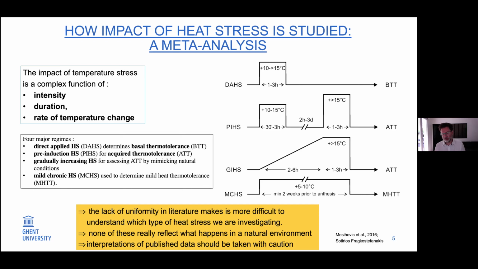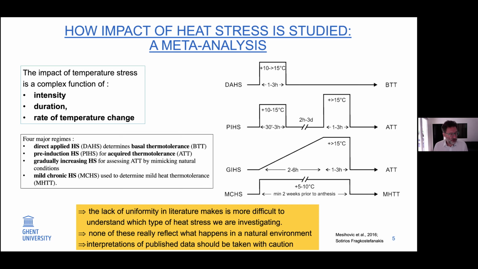This has been studied very often in the beginning, and for example, used for transcriptome studies to see what kind of genes are upregulated when you suddenly raise the temperature to a very high amplitude, and then for a very short time, so that you can then see what the responses are.